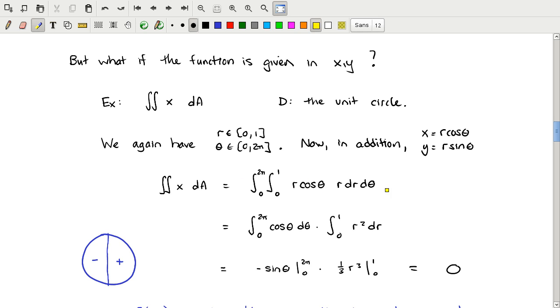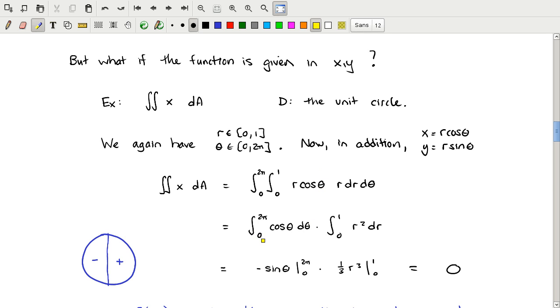We can mix this up. We can do this a little bit differently. We've seen already that if you have a separable integrand that is a function of r times a function of theta, that you can pull the function of theta outside the r integral and the d theta as well, and we have just the product of two integrals. So this is indeed separable.